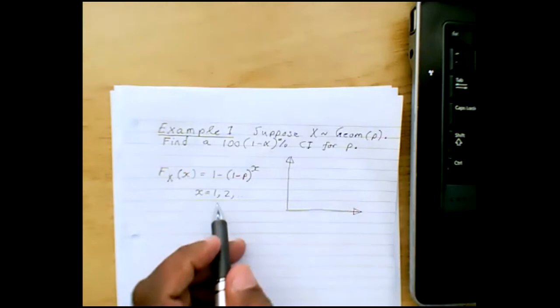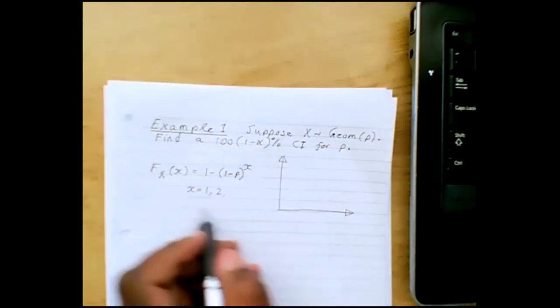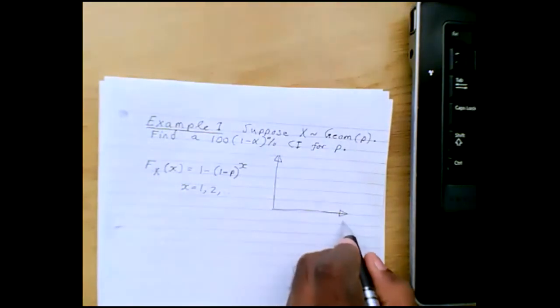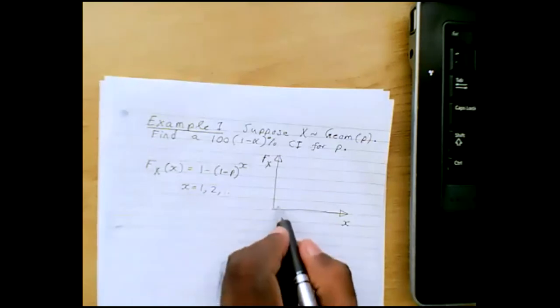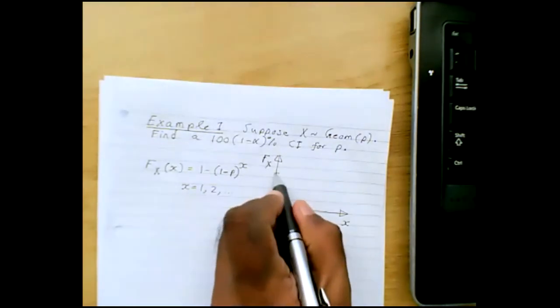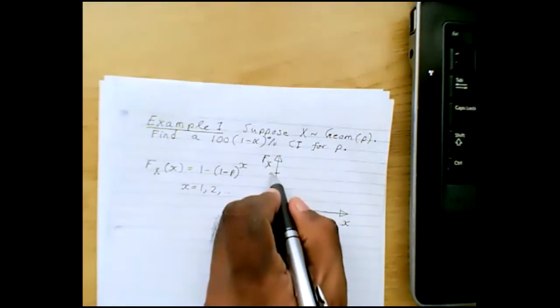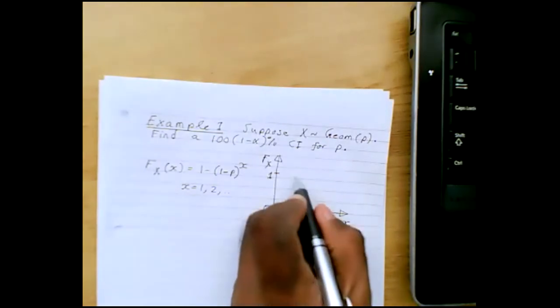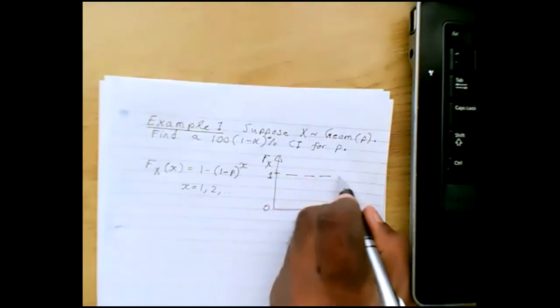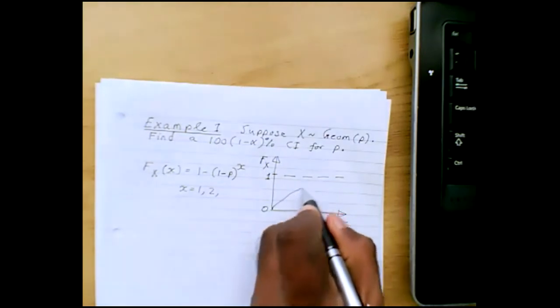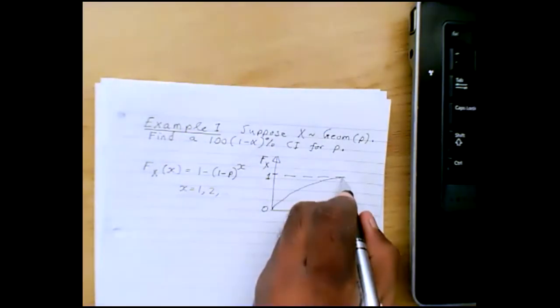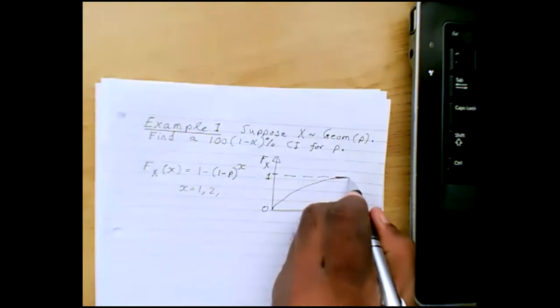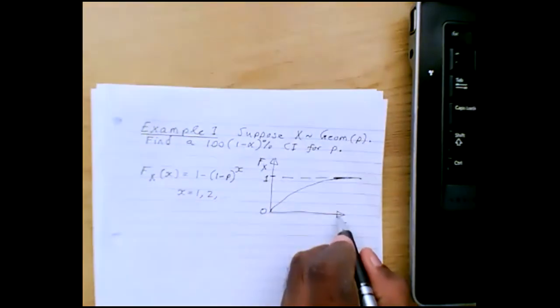I'm sure you did this in probability 1 last semester. Now if you plot the CDF as a function of x, suppose this is 0, suppose this is 1, it may look something like this. This is obviously going to infinity.